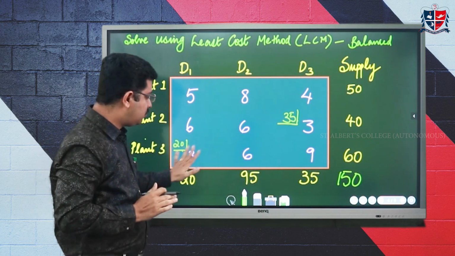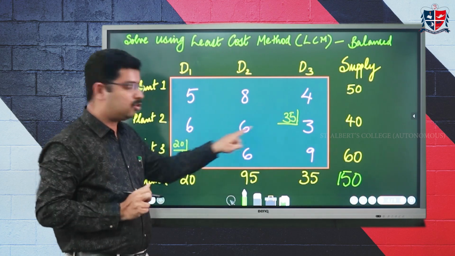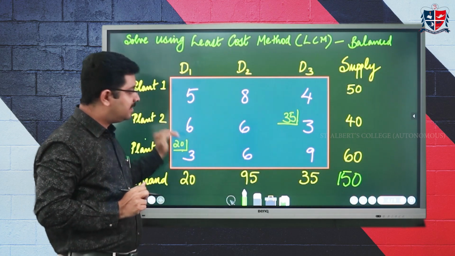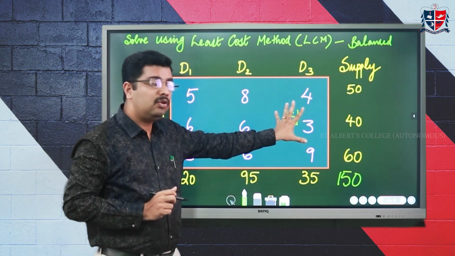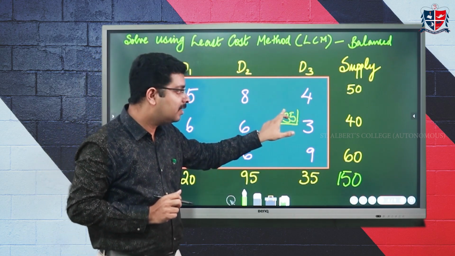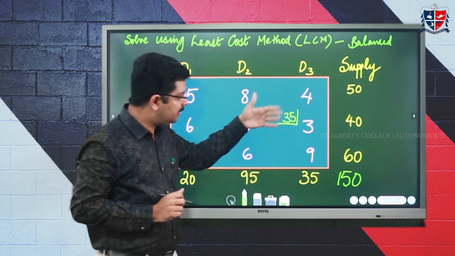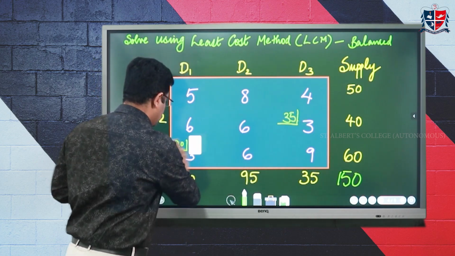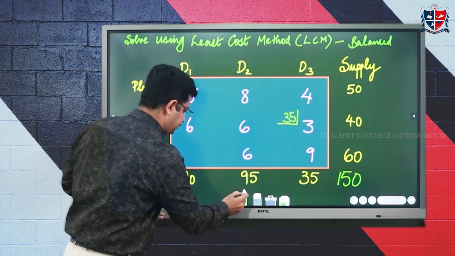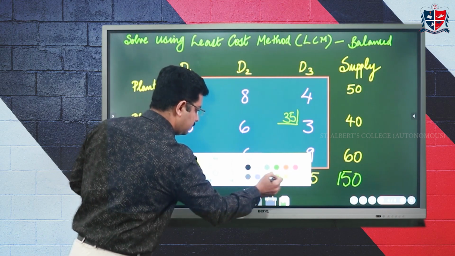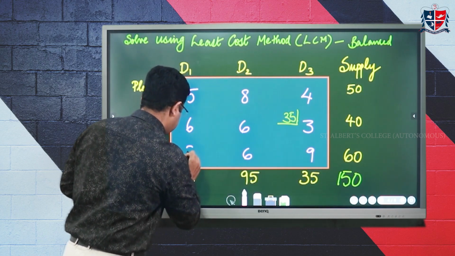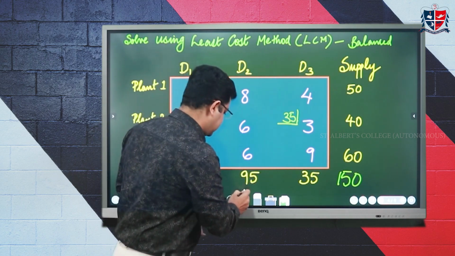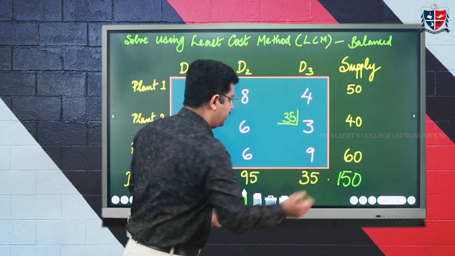I was trying to show you which of these 3s to select. Select that particular 3 where the allocation can be more. Here, 35 can be allocated, so take this particular 3. I am not allocating here; I am allocating here as 35.